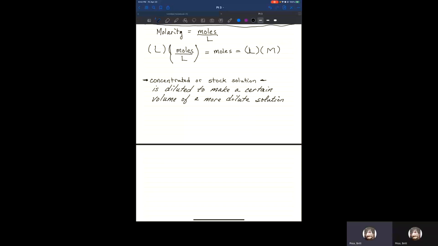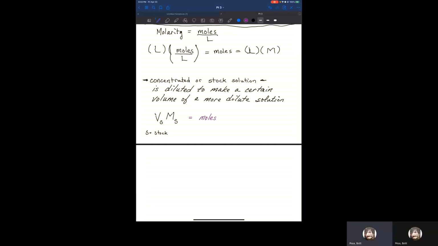So S means stock. If I take some volume of my stock solution and I multiply it by the molarity of that stock solution, that equals moles.